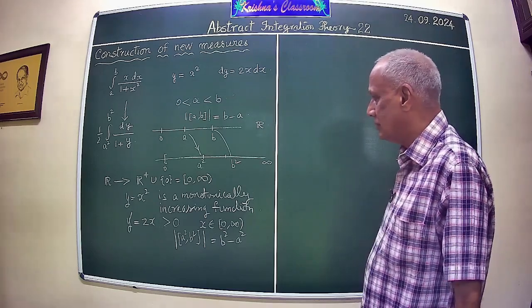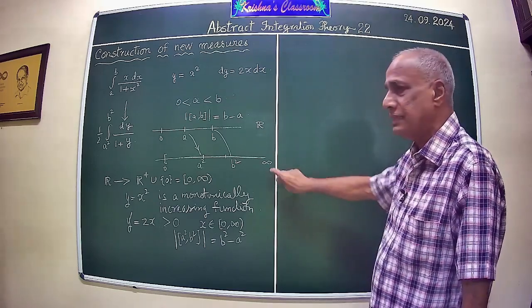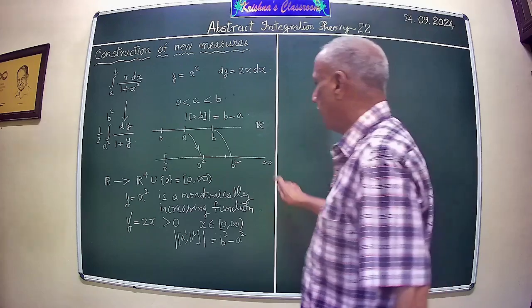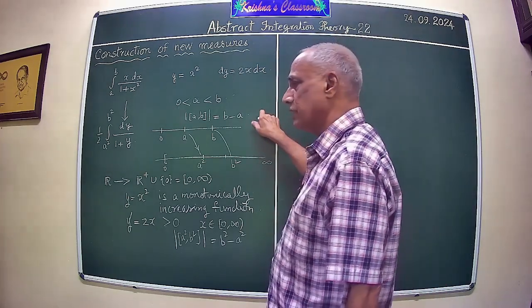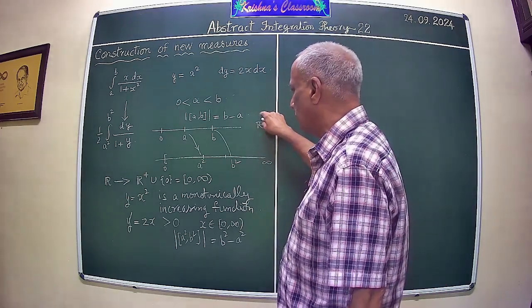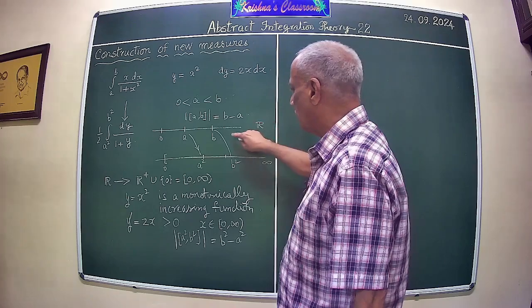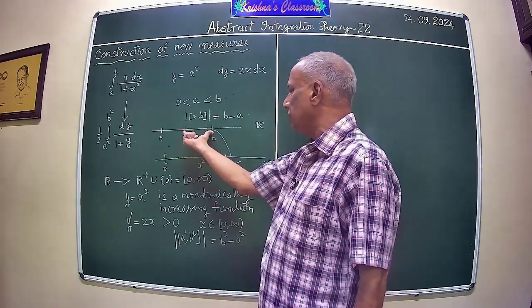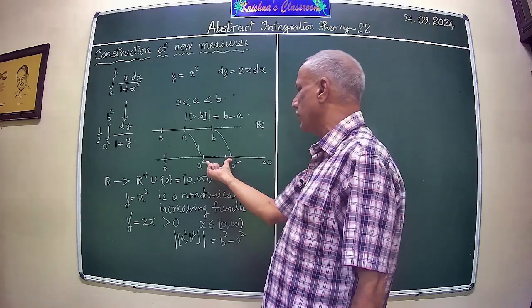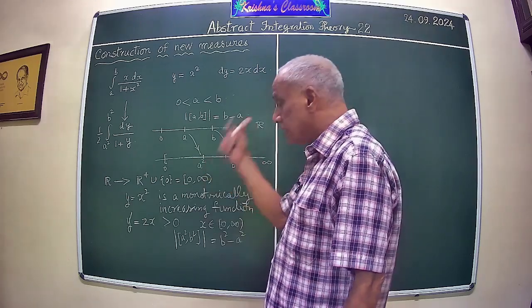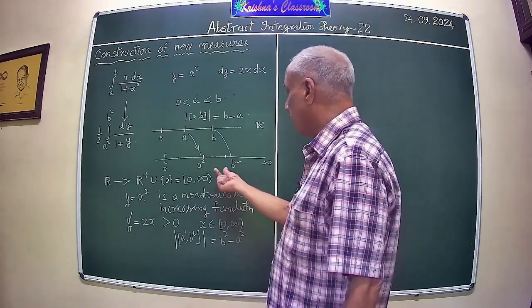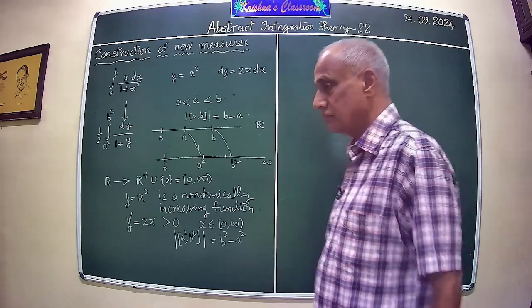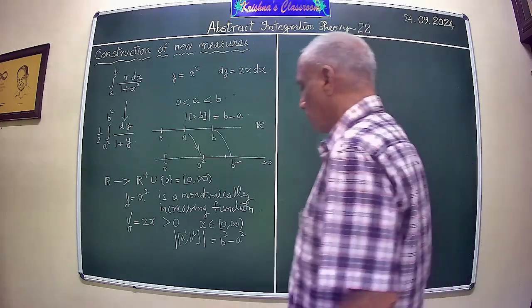So it's a new y space in which you are playing the game instead of the x space, but from x space to y space you have gone through a new transformation, and the interval AB gets mapped to a square b square, whose length is now b square minus a square. Okay, right?